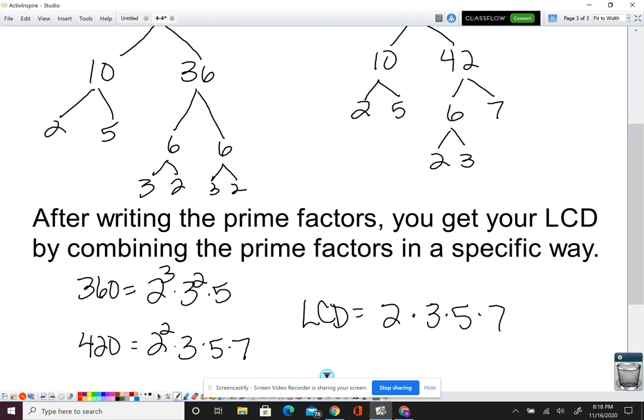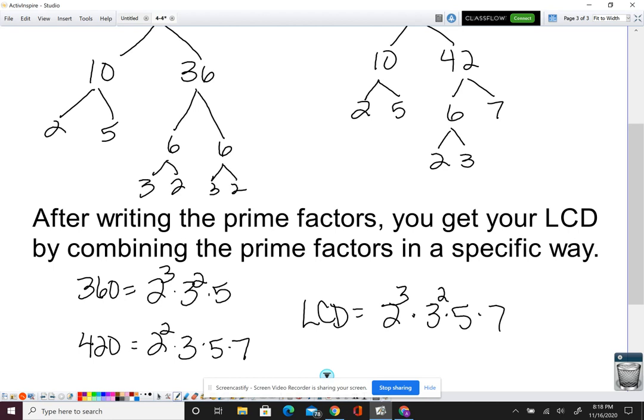So in our LCD, we're going to take 2 to the third power. We have a 3 to the first and a 3 squared, so our largest power is squared. We have a 5 to the first and a 5 to the first, so 5 to the first is the largest power, and we have a 7 to the first.